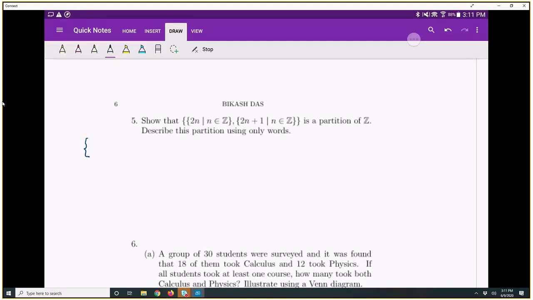We can play around with some easy integers, like 0 is an integer, 2 times 0 is 0, or 1 is an integer, 2 times 1 is 2, or 2 is an integer, 2 times 2 is 4. What about negative 1? 2 times negative 1 is negative 2, or negative 2, 2 times negative 2 is negative 4. And the picture that I'm starting to see is that this appears to be the set of all even integers.